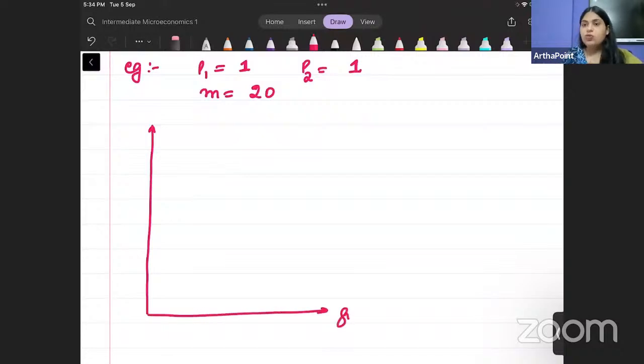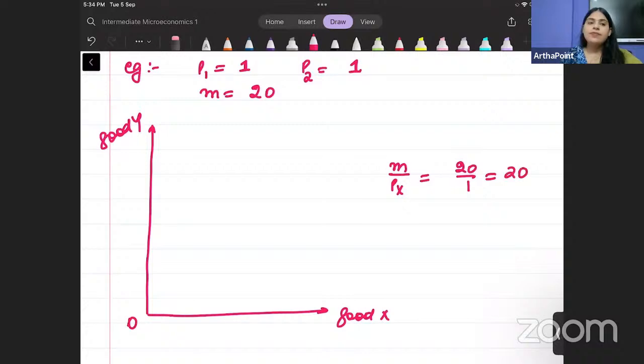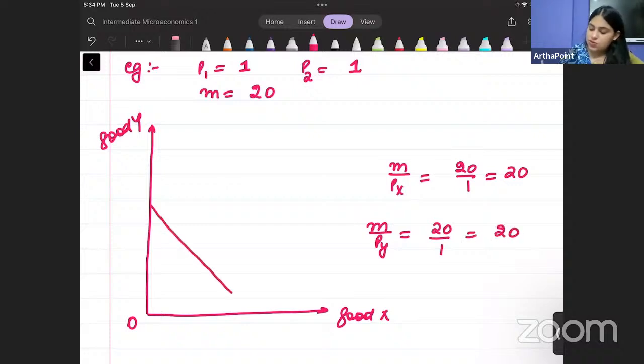I have just taught you: the x-axis intercept should be m by px. So m by px ho jayega 20 by 1, which means 20. And m by py will be 20 by 1, which is 20. So this will be your budget line, 20 yahan pe, 20 yahan pe.